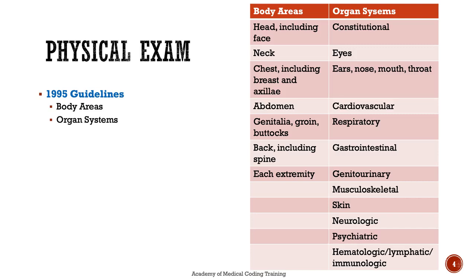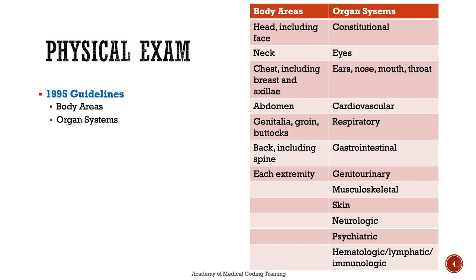The other part is the organ systems. The first is constitutional. Remember, constitutional was there in the review of systems as well. Then eyes; ears, nose, mouth, throat, or ENT; cardiovascular; respiratory; gastrointestinal; genitourinary; musculoskeletal; skin; neurologic; psychiatric; hematologic, lymphatic, and immunologic systems. So these are the systems.